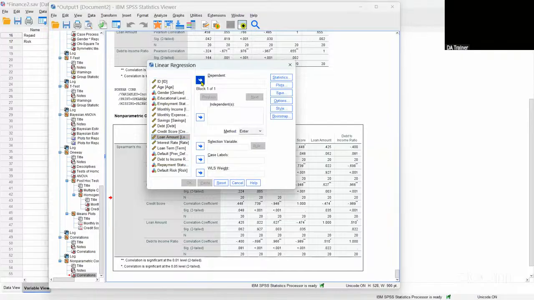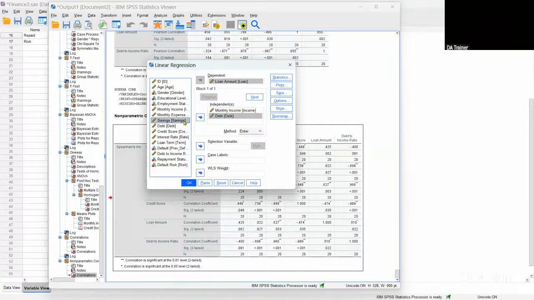Economic and statistical terminologies. Yes. And then pick income, debt, savings, credit score, interest rate, and loan term. Drag all of them into the independent box here. Just income, switch it there. Debt, take it there.